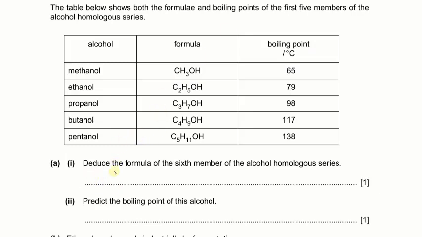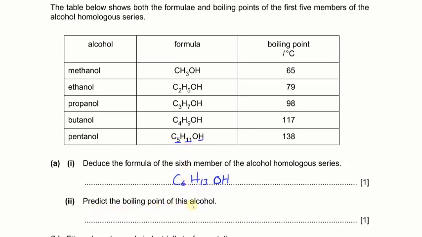Now look at this question. Deduce the formula of the sixth member of alcohol. So for the sixth member, you can see the general formula is C5H11OH, so we can write C6H13OH. Two consecutive members in a homologous series differ by a CH2 group, so we have added one carbon and two hydrogens.